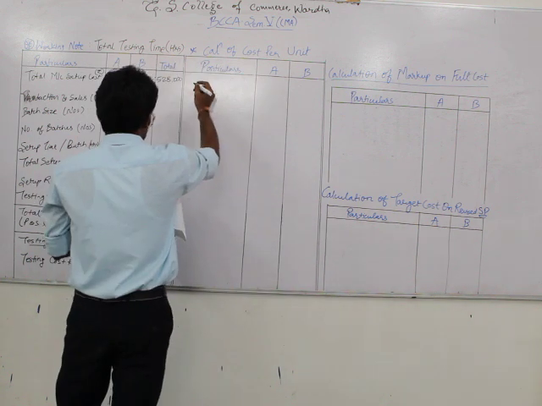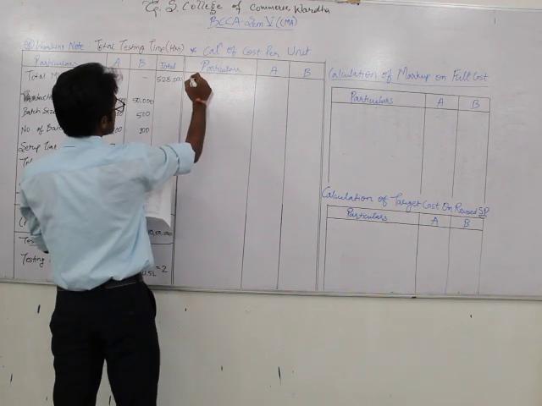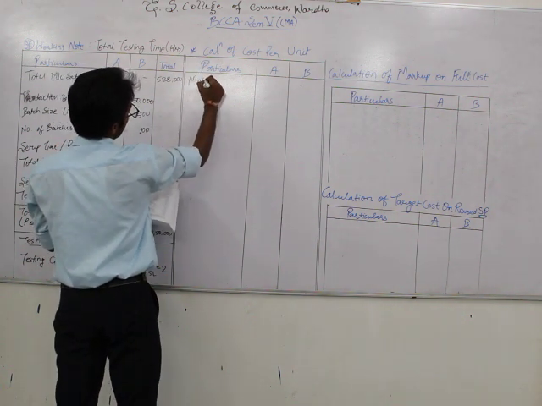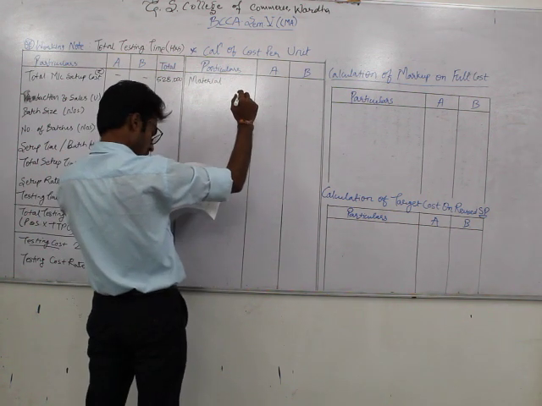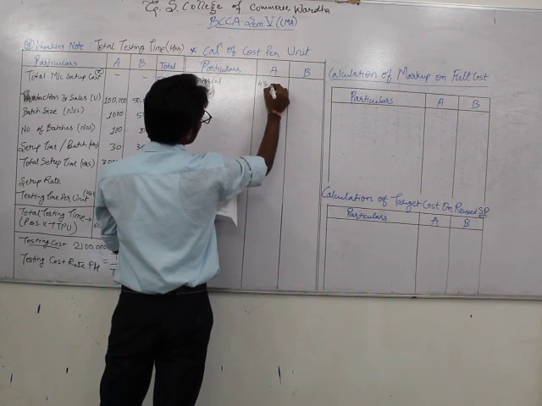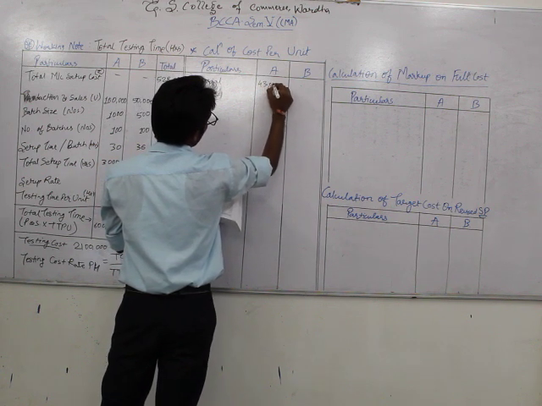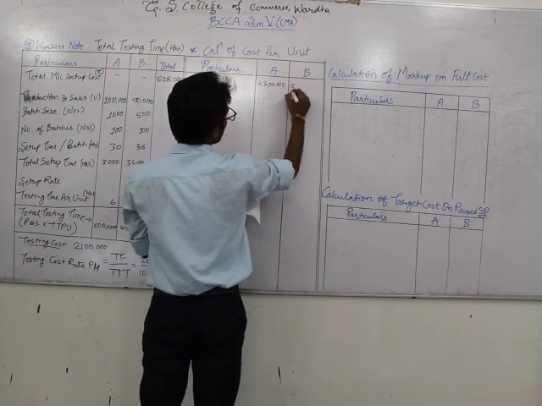So first I want to mention material, which is 43 lakh and 32 lakh.